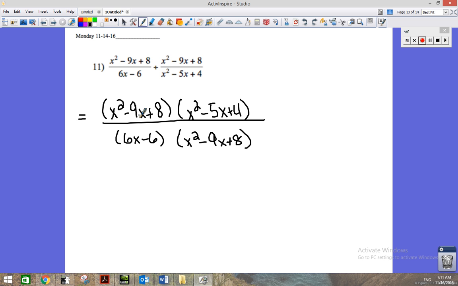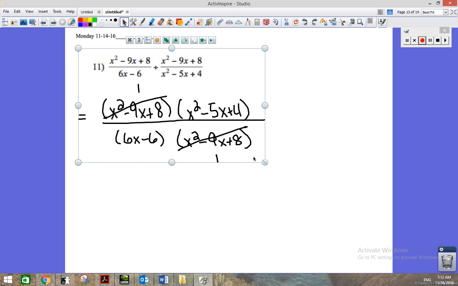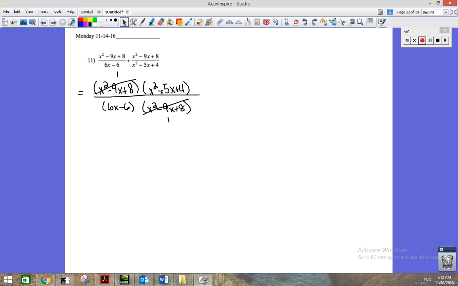This number, x squared minus 9x plus 8, see, that whole thing is a number, and x squared minus 9x plus 8 is the same number in the denominator. This number divided by that number is 1. So before we jump in and say that x squared minus 5x plus 4 over 6x minus 6 is our final answer, we have to see if that fraction would reduce.